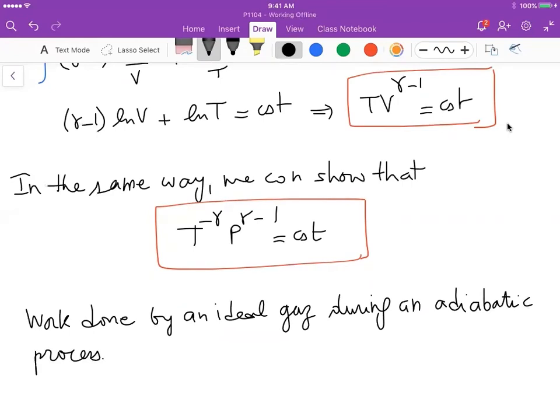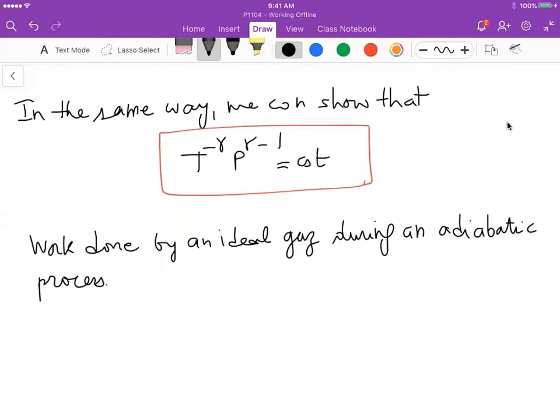And once we do this part, you can use the result in any question, in any problem, without having to derive it again. Okay. So in the case of an adiabatic process, as we saw, dQ is equal to 0. That means that the internal energy dU reduces to minus dW.